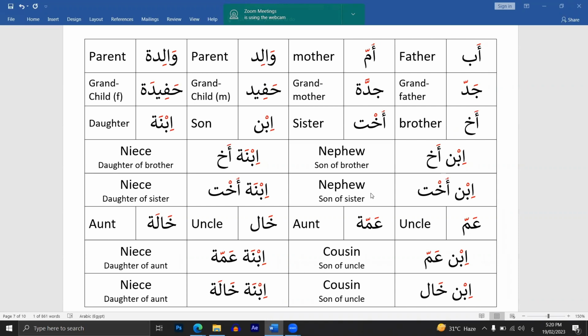هذا أخي هو مهندس. Okay. هذا ابني هو طبيب. Okay. هذه أختي هي طباخة.